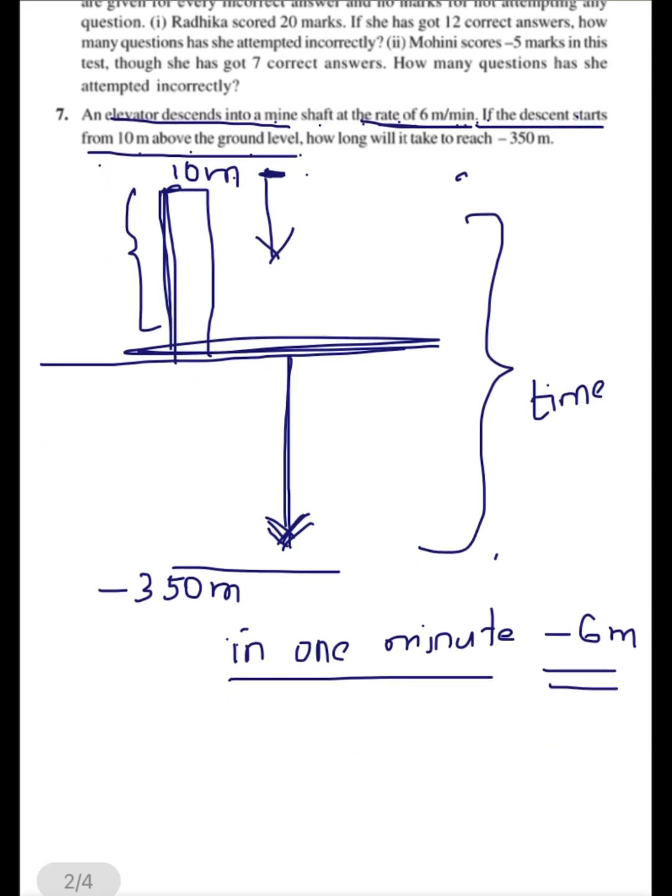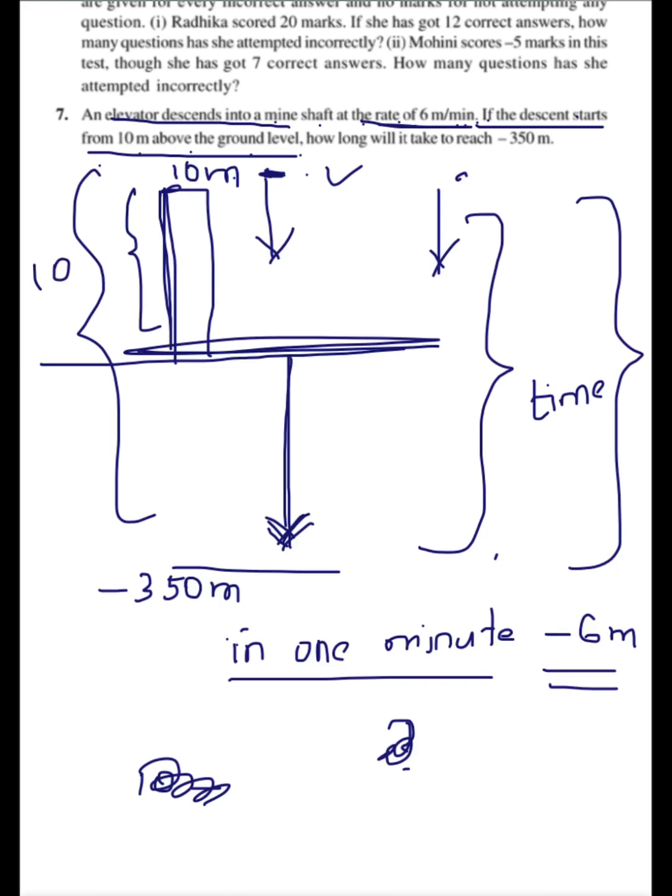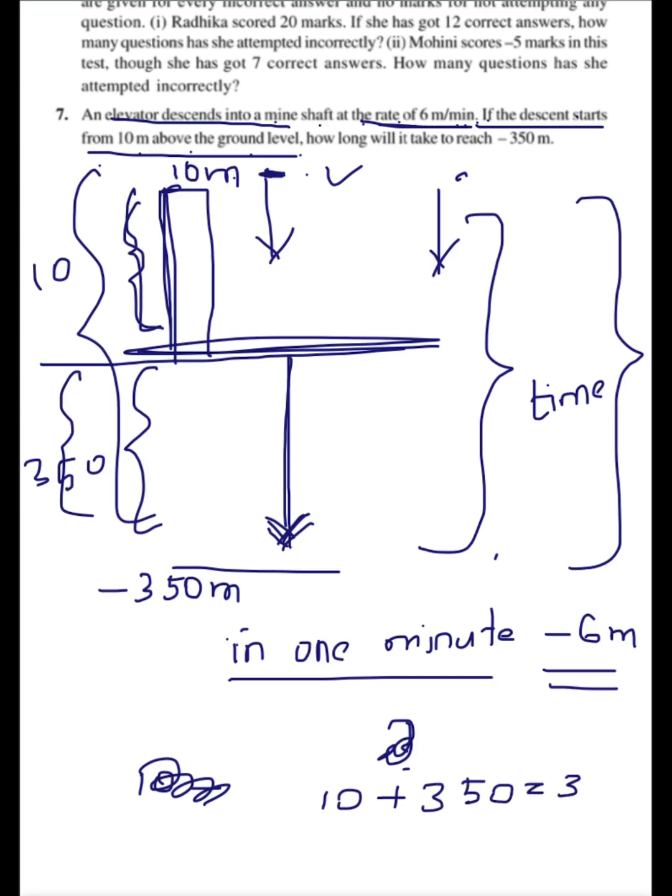Now, how much time will it take to move which distance? This distance. To find it, here there is 10 and here there is 350. 350 below the ground, and here it's 10. So what is 10 plus 350? It's 360.